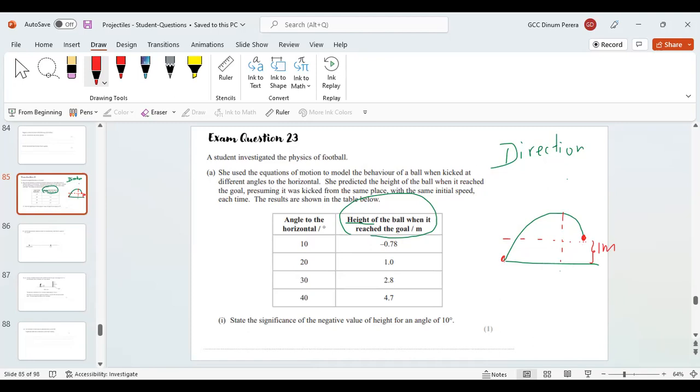Then how would you write your answer? I would suggest you write your answer based on the displacement, because the displacement is what is negative. Don't talk about the motion. When you are asked to write about the displacement, don't talk about the motion. That's where we go wrong, right?